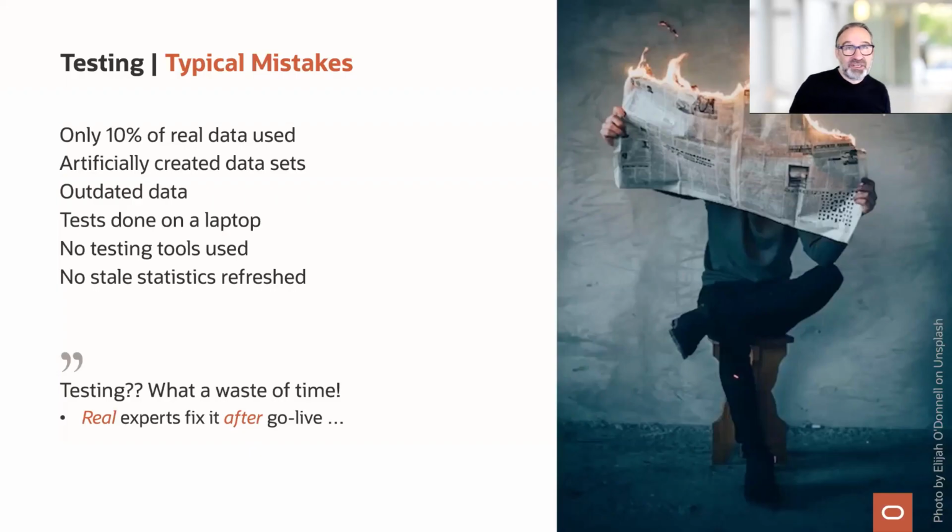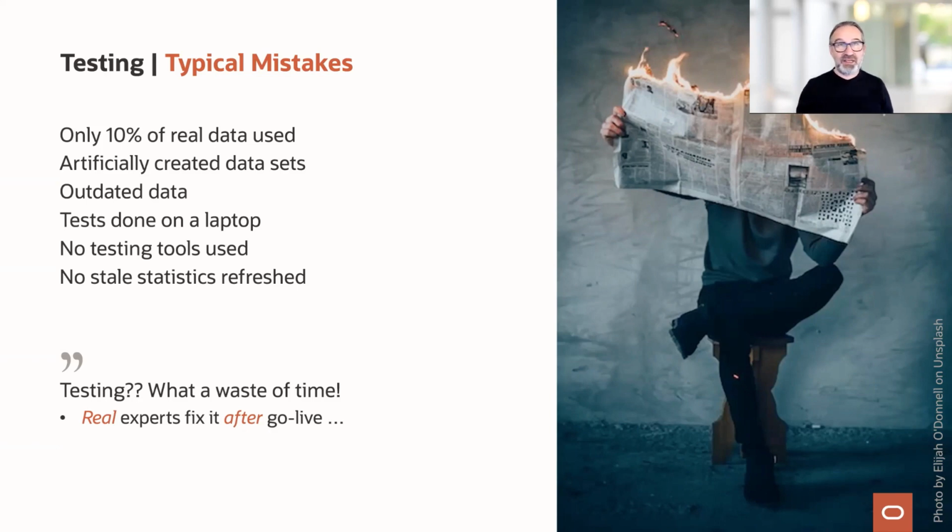Now, as we work in reference projects with people out there, we see typical testing mistakes. And this is just an excerpt of what we saw out there. We can just tell you here, don't do that or try to avoid this, no matter how big the constraints are. Only a subset of data used, artificially created data sets, outdated data from a year ago, or what makes me always smile, testing done on a laptop. We had that, believe me.